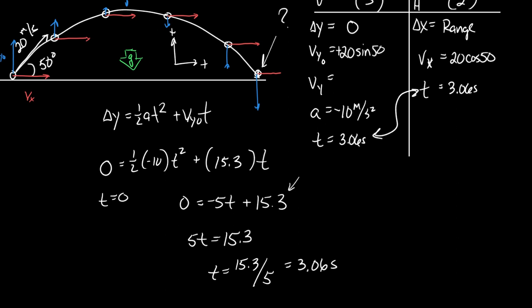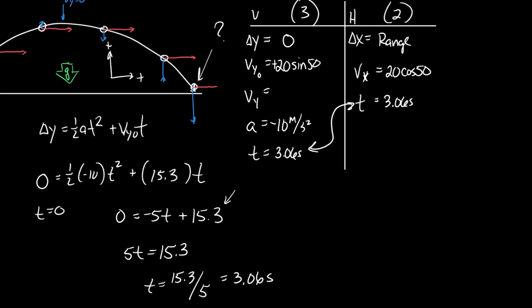All right. So we're going to move forward, find the range. Now, the horizontal part, there's no acceleration, so range is always just Vx times t.